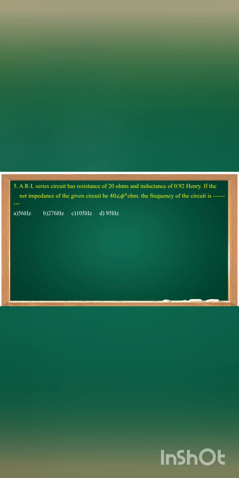If the net impedance of the given circuit is 40 at an angle of pi by 3, what is the frequency of the circuit? You have to find the frequency of the circuit. Can you try this?